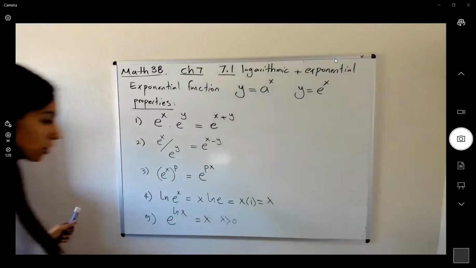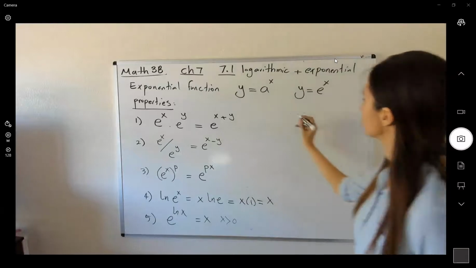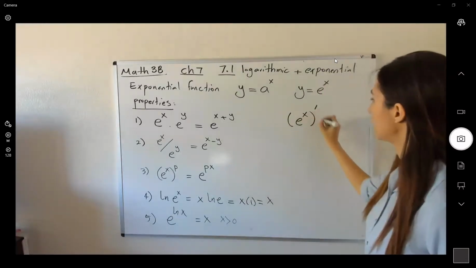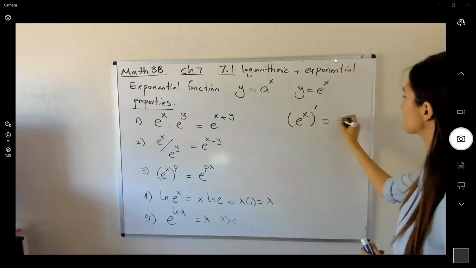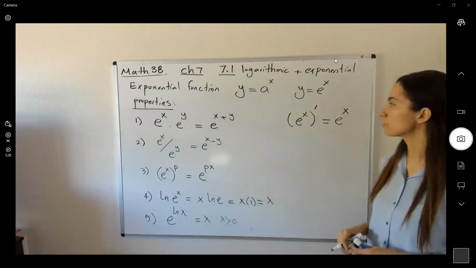So what about the derivative and the integral of exponential function? Remember that if you have e to the x and you take the derivative of e to the x, it's equal to e to the x. You can prove it using the limit definition of the derivative.